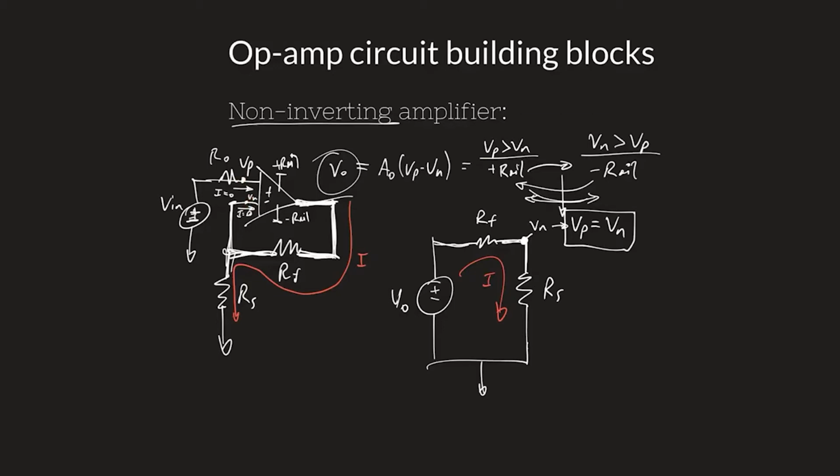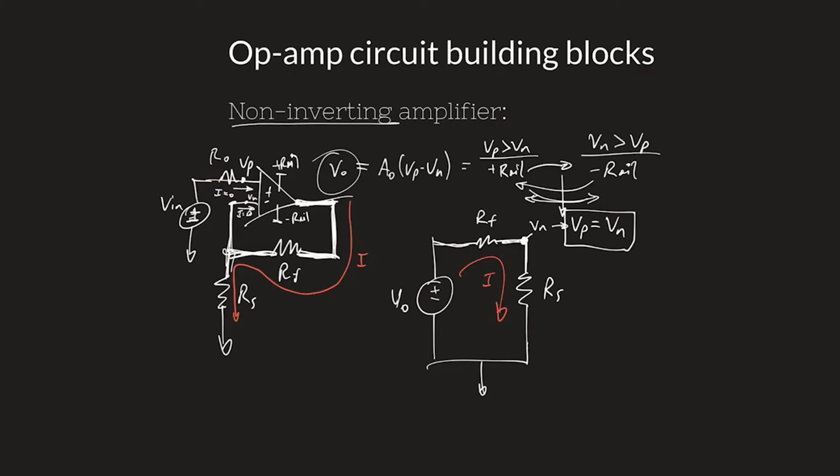Vp, Vout. So if I have no current here, remember the inputs don't accept a current, I have no current across this resistor. According to Ohm's law, if I have no current across a resistor, then I have no voltage dropped across that resistor. I have no energy lost across that resistor because there's no current.